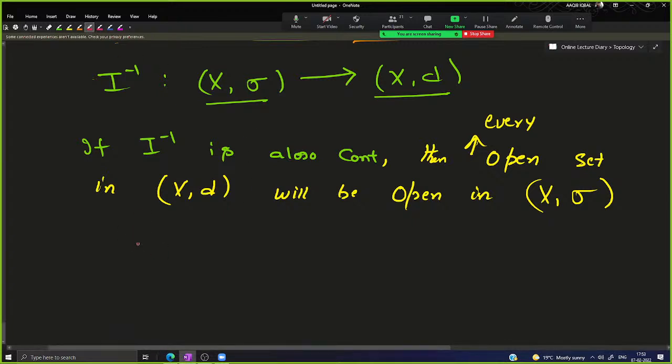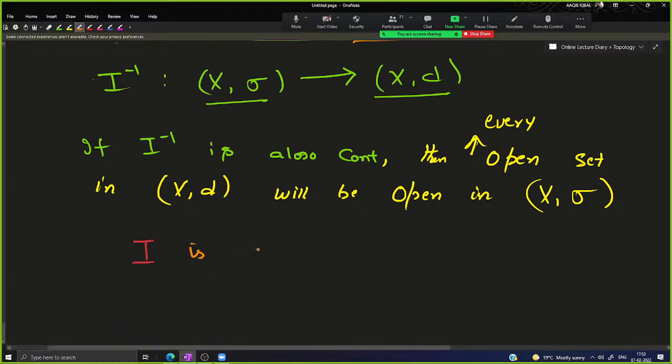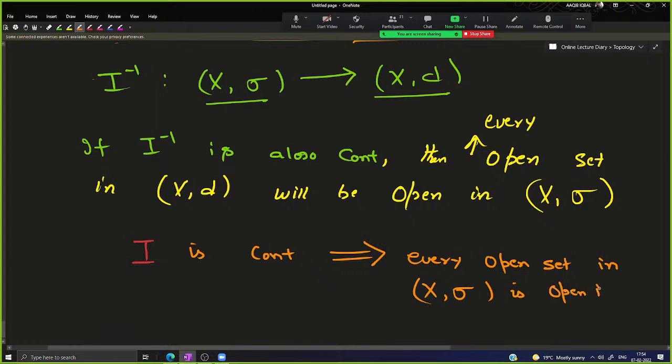Let us write this down. Earlier we saw that if I is continuous, it implies every open set in X sigma is open in XD.